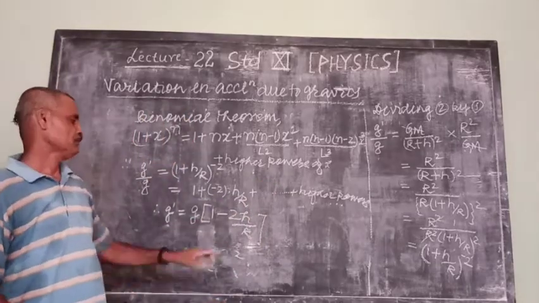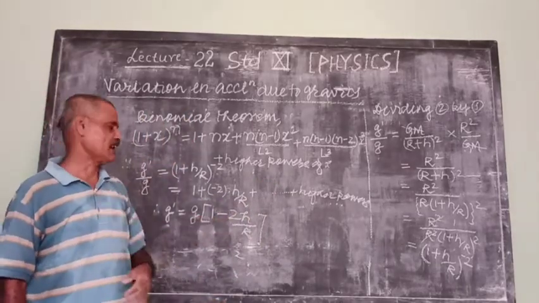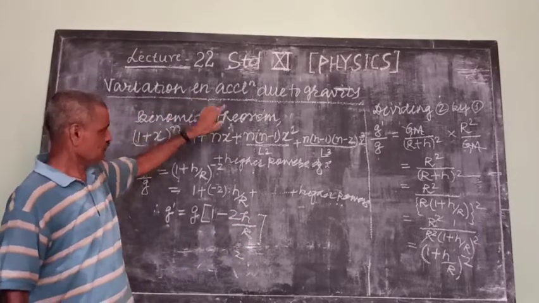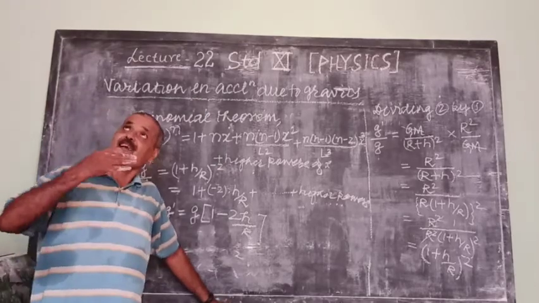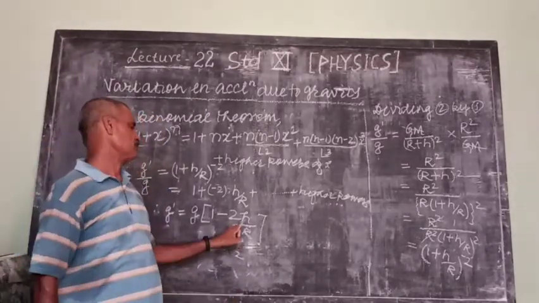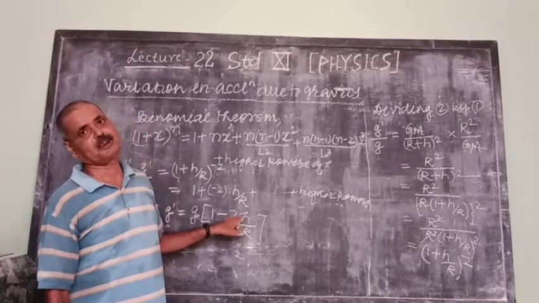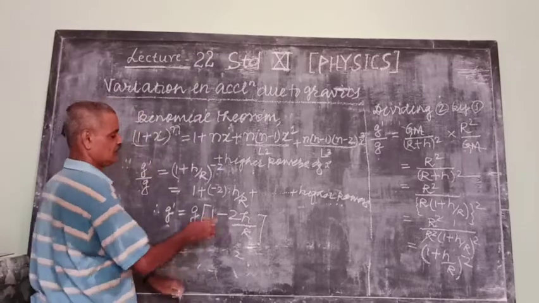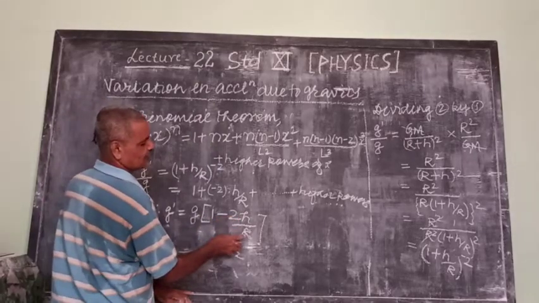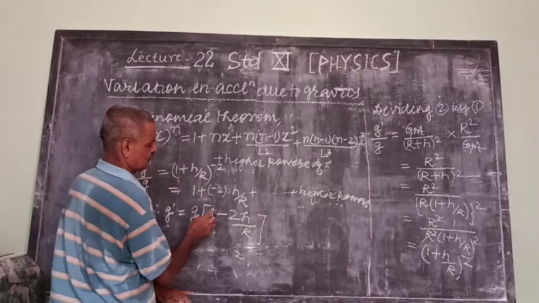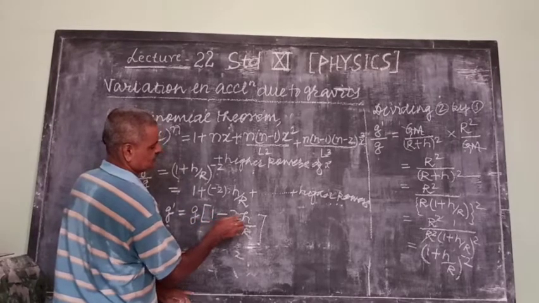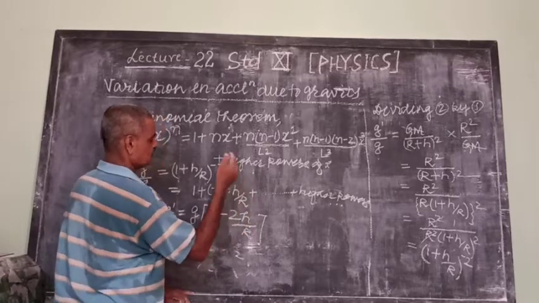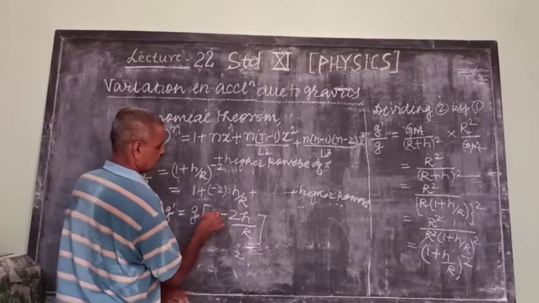Now, in this equation, this is the effect of height as the body moves above the surface of earth. Naturally, the value of h will increase. When it increases, the value of R is fixed, so 1 minus this term will always decrease.